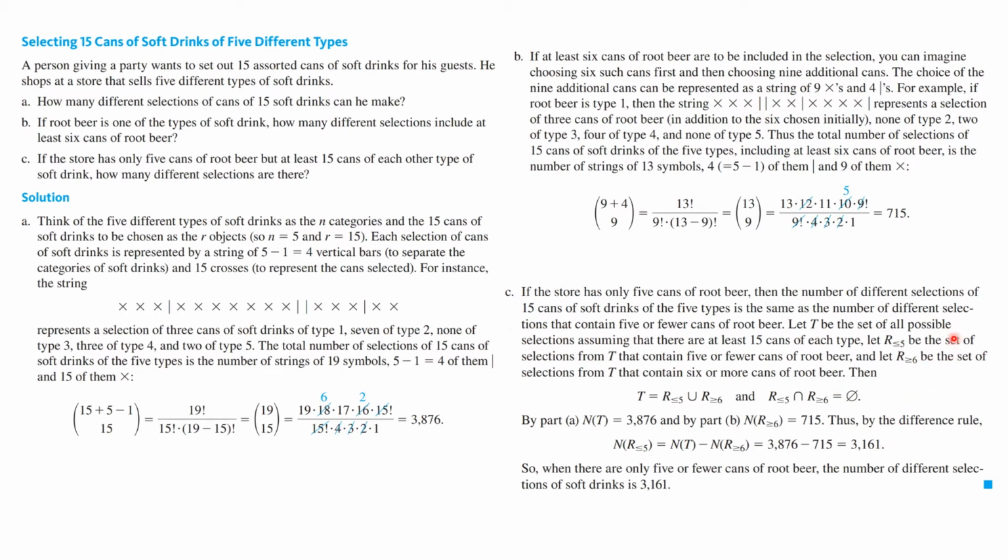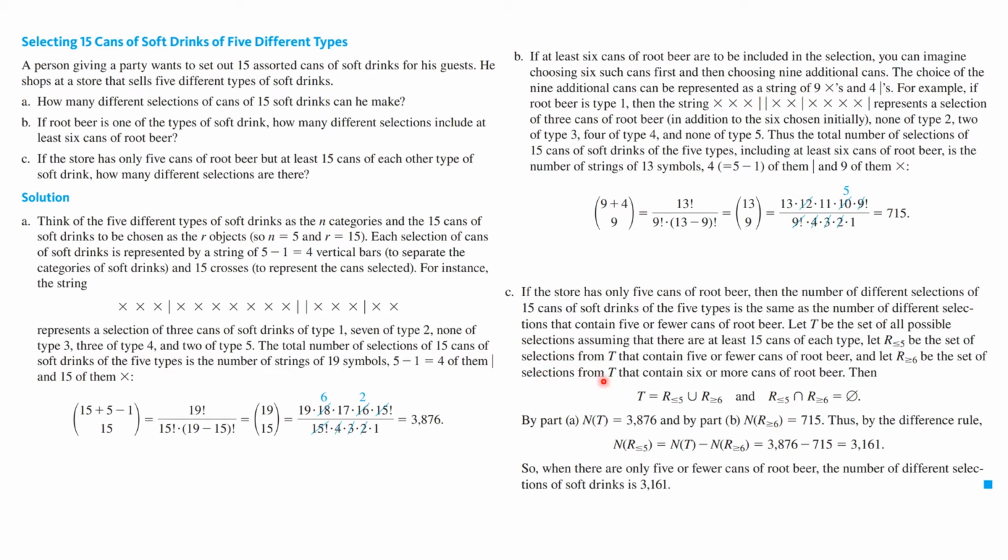Let T be the set of all possible selections, assuming there are at least 15 cans of each type. So R less than or equal to 5 is the set of selections from T that contain 5 or fewer cans of root beer.